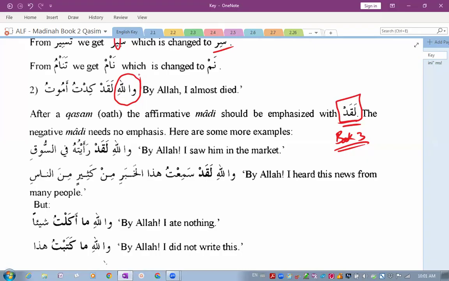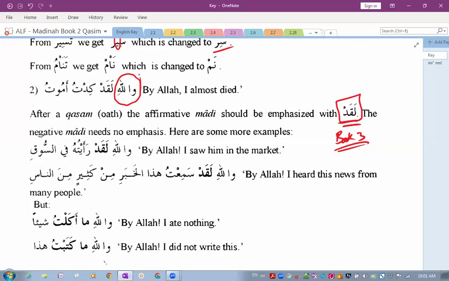So as soon as you see laqad, you know there is a qasam before it, and you pay more attention, because whoever is saying something has taken an oath. That is serious stuff.